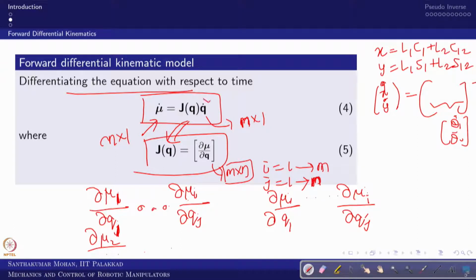Now if I know the q dot, I try to find out J of q. If the q and q dot are known, what can I find? I can find the mu dot. In the sense it is straightforward. Take a serial manipulator.